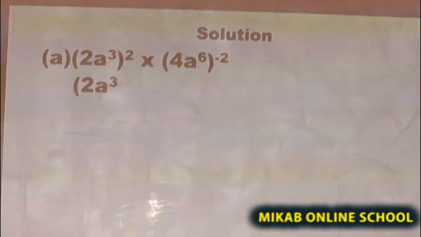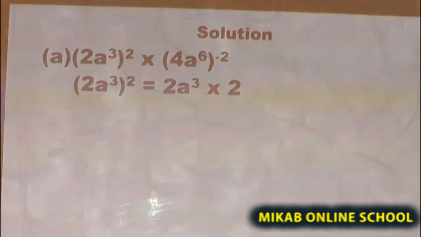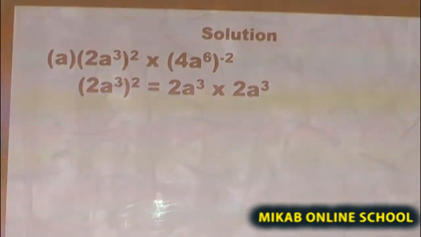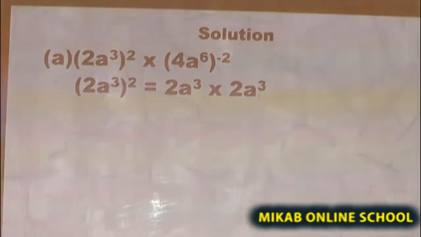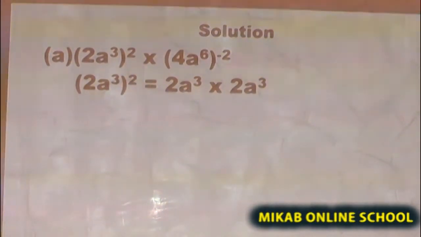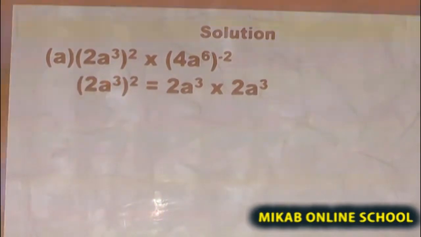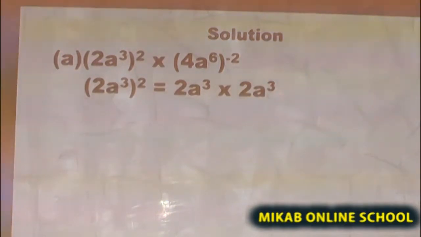You agree with me that you can express this (2a raised to the power of 3) raised to the power of 2 by writing everything within the bracket, 2a raised to the power of 3, in two places, having 2a raised to the power of 3 times 2a raised to the power of 3.